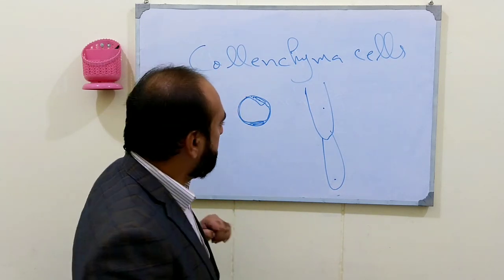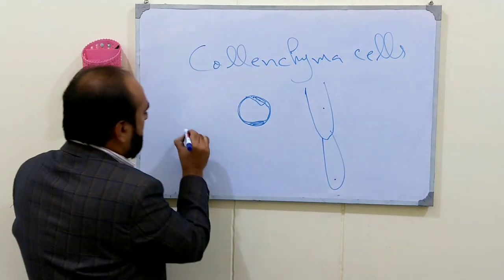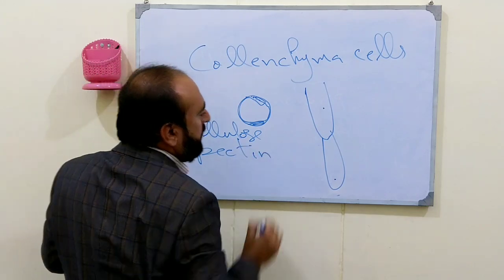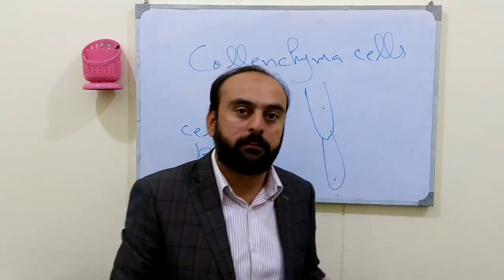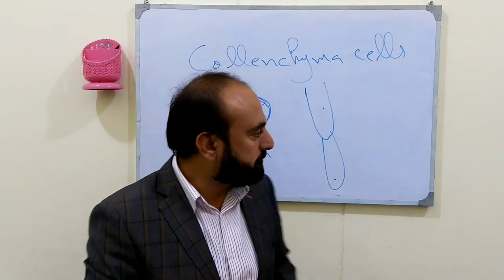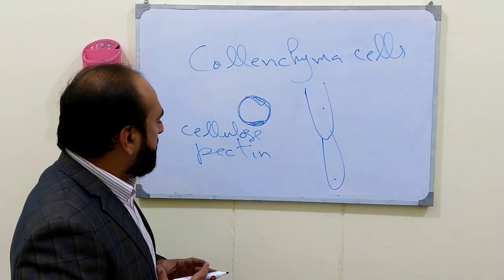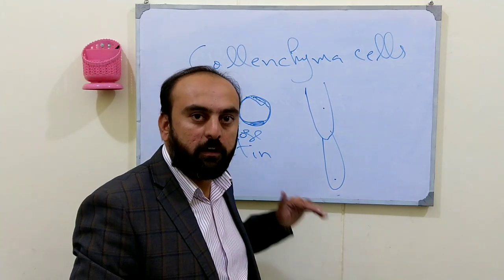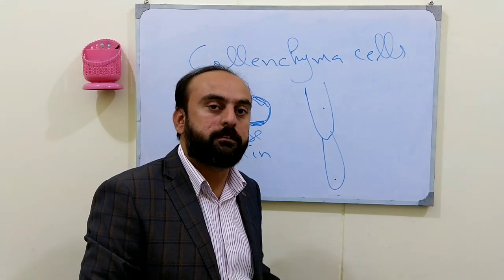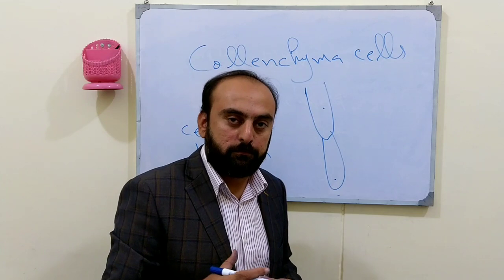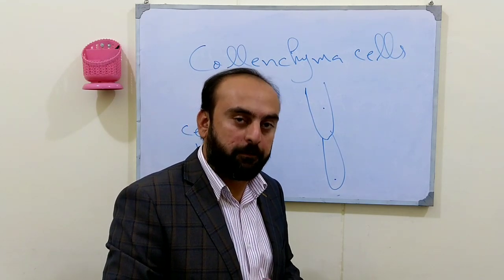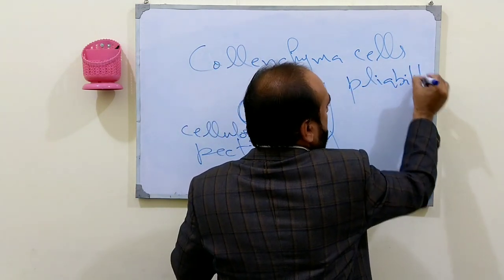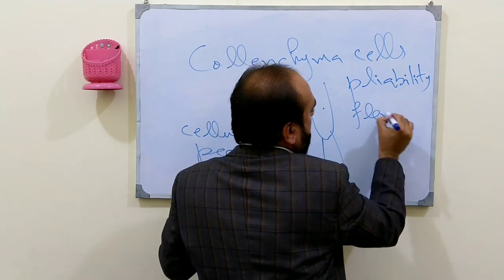This thickness of cell walls is due to the presence of cellulose and pectin, and this thickness gives strength or toughness to the plant. But these cell walls or secondary cell walls are uneven. This unevenness gives, in addition to strength or toughness, pliability to the plant. This makes them pliable or flexible.